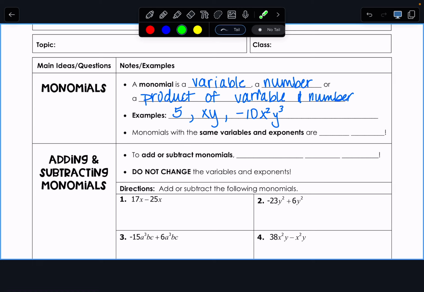Now, if monomials, terms, have the same variable with the same exponents, I've already said this, what do we call those? We have the same variable, like x or x squared. Are they like terms? Like terms.